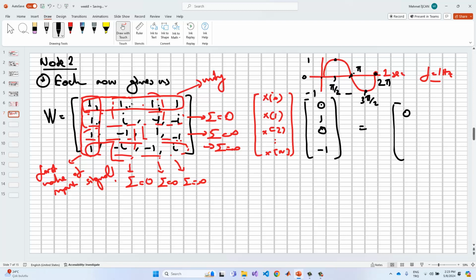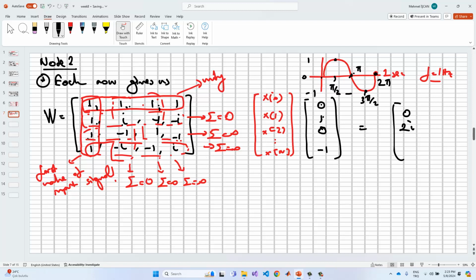Because the first row is 1, 1, 1, 1, 1. Okay. And so in the second row, 1 times 0, 0. And this is the i, right? Minus 1, i. And so minus i times minus 1 gives us 2i, right? Is that correct? Okay.